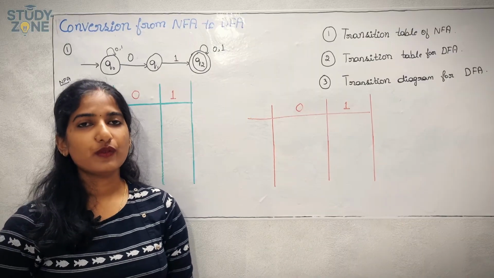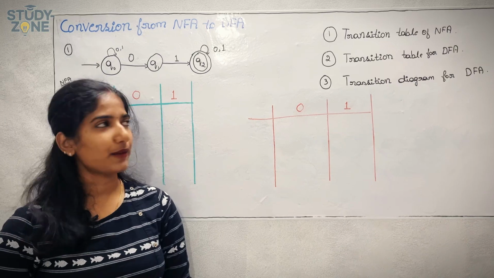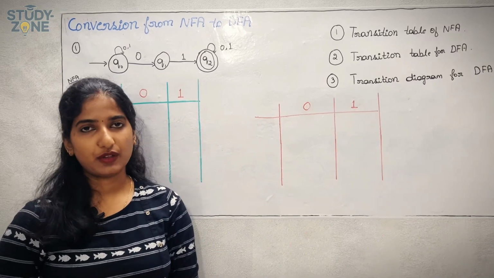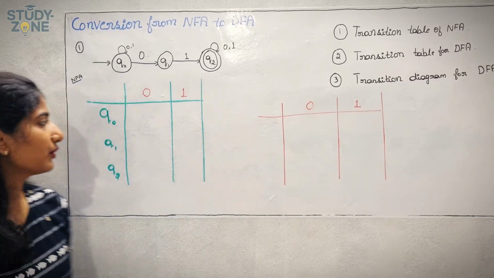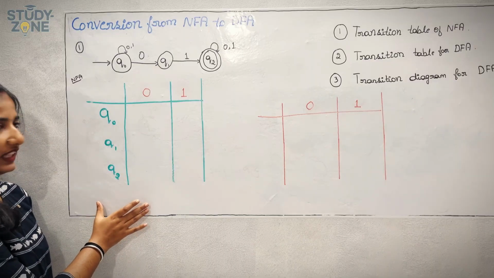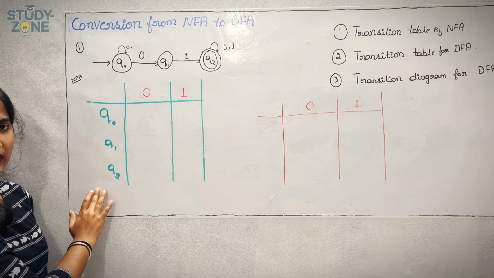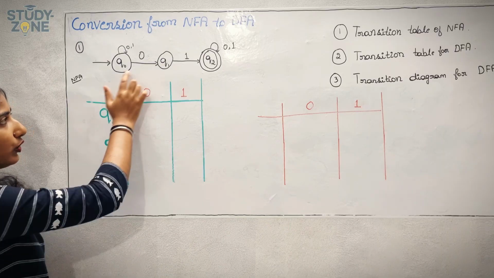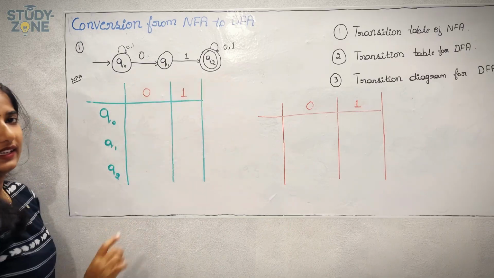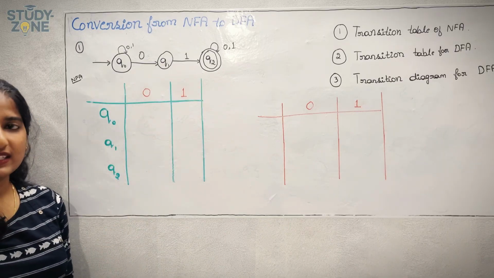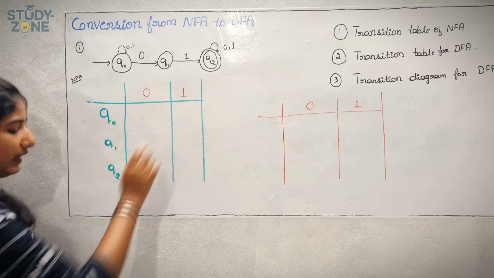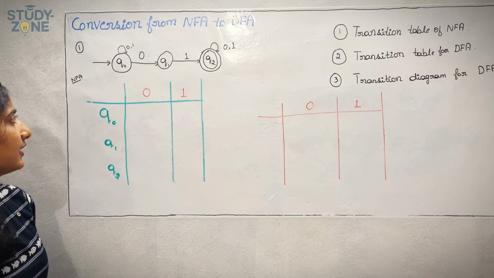Okay students, now what is the first step? First step is to write the transition table for NFA, right? So to write the transition table of NFA, here we have to take the states Q0, Q1, Q2, and the alphabets, or we can say symbols, 0 and 1. So what is the starting state here?